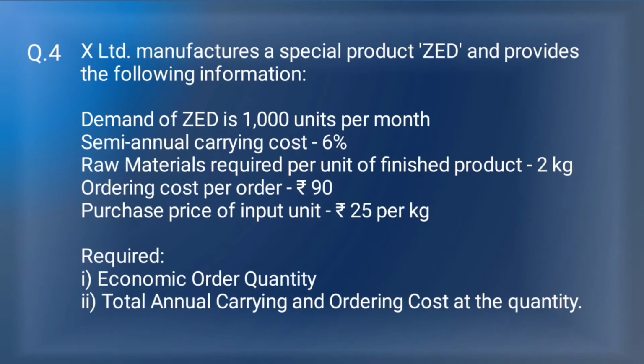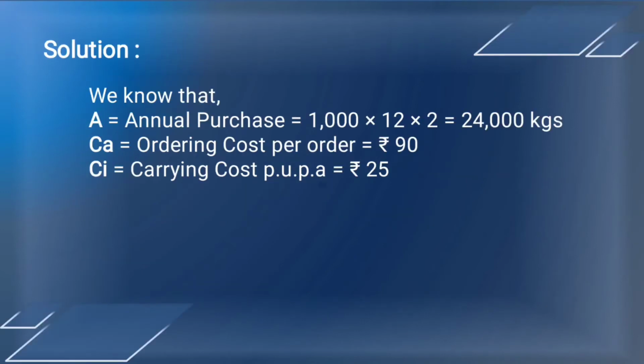And we'll also multiply raw materials required per unit of finished products, that is 2 kg, to find out carrying cost. So carrying cost per unit per annum is equal to Rs 25 into 6% into 2, which will be equal to Rs 3.